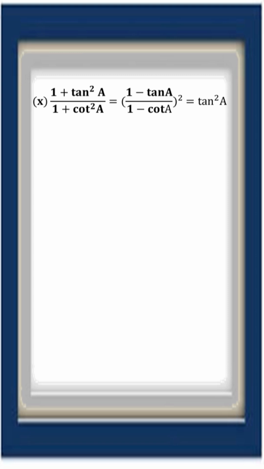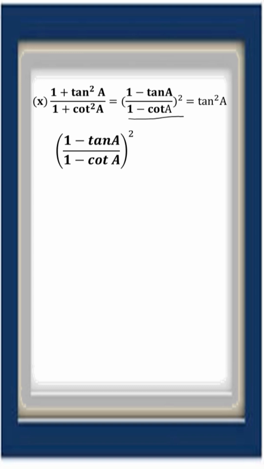Now let us take the middle part, that is 1 minus tan A upon 1 minus cot A, the whole square. Here we can't see any identity. If we convert tan A and cot A into sin and cos ratio, the problem will become cumbersome. If you take the square and expand, that also becomes cumbersome.